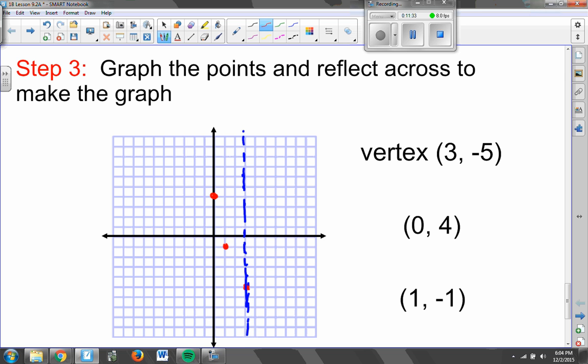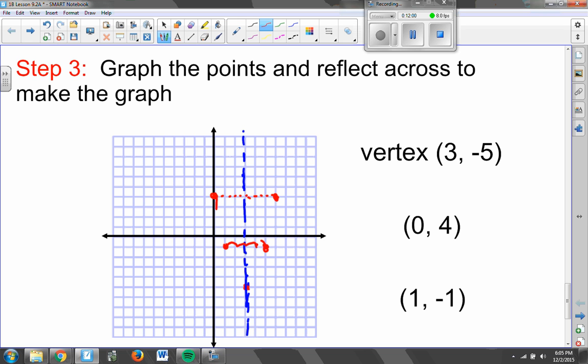So if I draw that line of symmetry, I can very easily reflect across by going here, here, here, and right there's another point. And up here I'll go 1, 2, 3, 1, 2, 3, there's another point. So I'm 3 away on this side, and I'm 3 away on that side. Okay? Now I have 5 points that I can connect in a smooth curve that looks like a U.